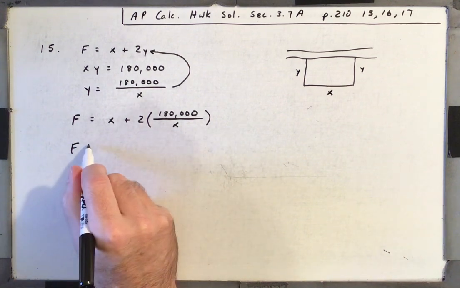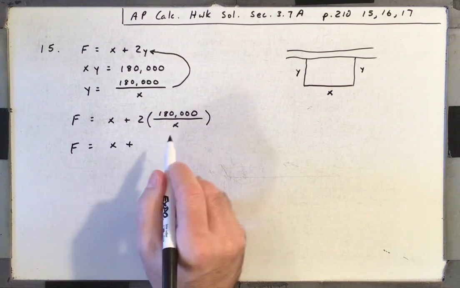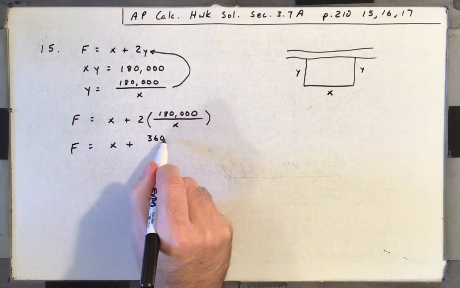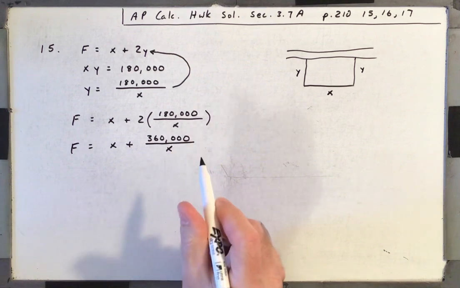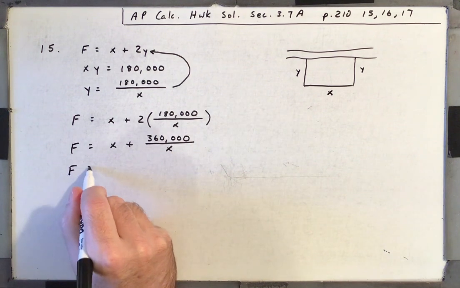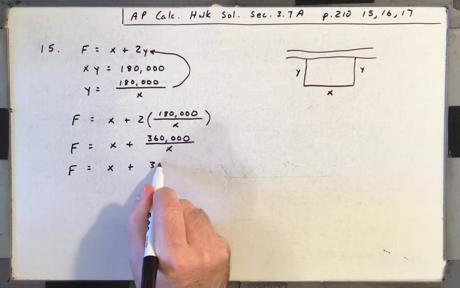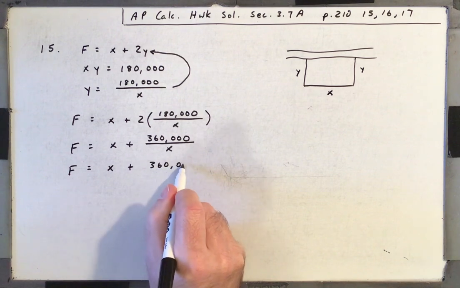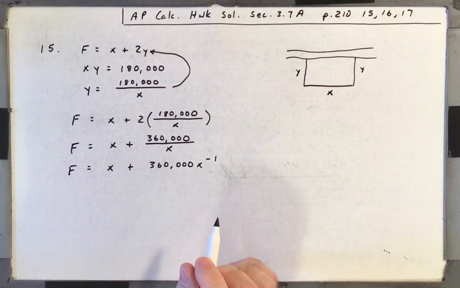So F is equal to x plus 360,000 over x. And one more time here before I take the derivative, we've got x plus 360,000 x to the minus 1.